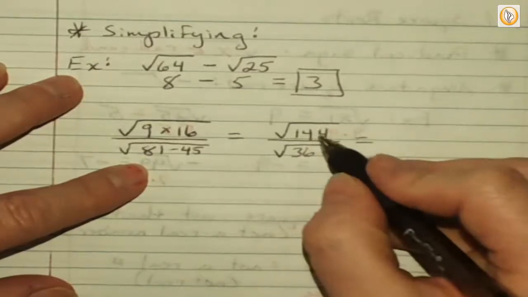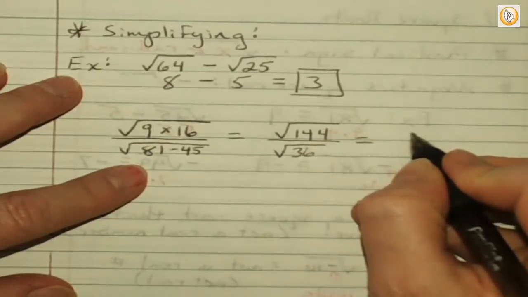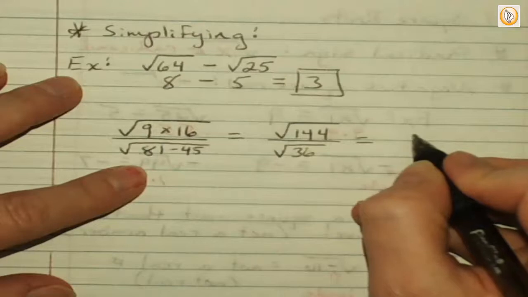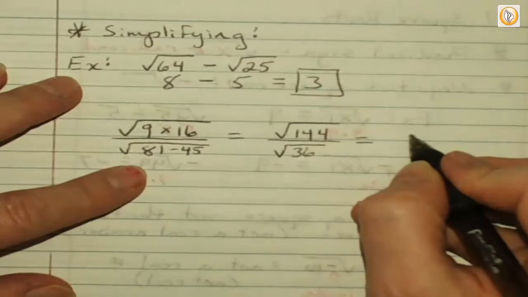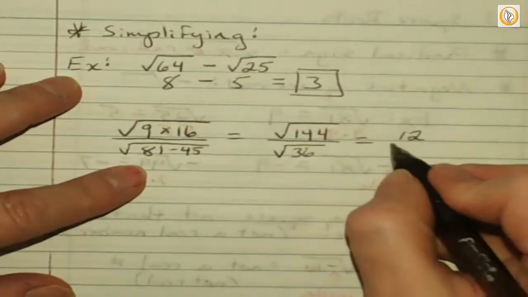Taylor, what is the square root of 144? 12, because 12 times 12 is 144.